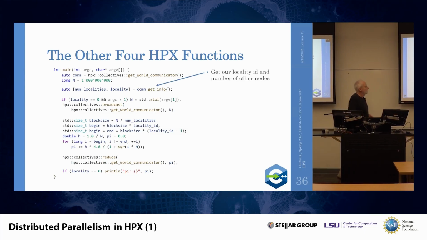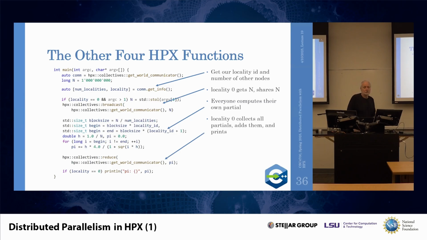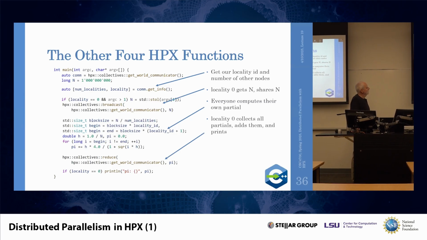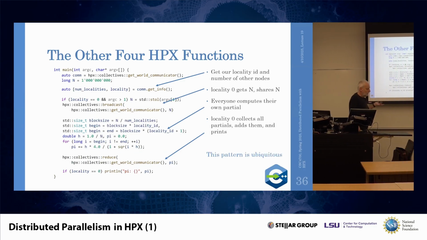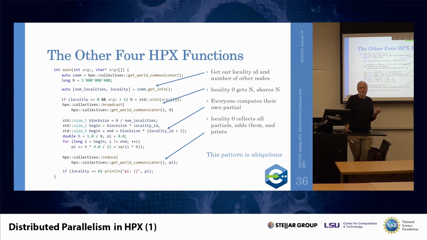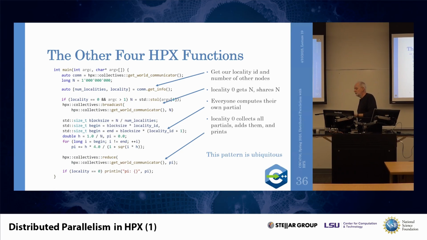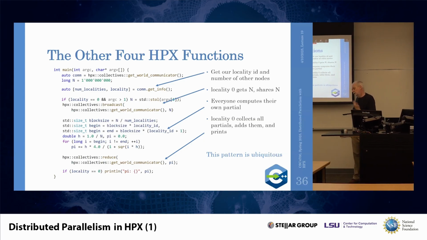Well, just to remind you, get the locality IDs, send it over, do your computation, receive the results. Very same scheme as before. It's essentially the same slide we had before. So these 2 programs give you the ubiquitous pattern you need to do distributed computation. You need to have means to send things over to another locality in a peer-to-peer fashion.